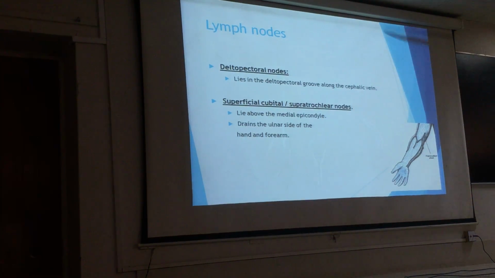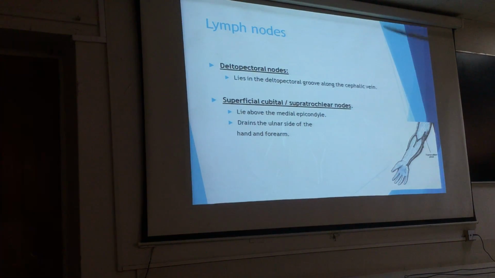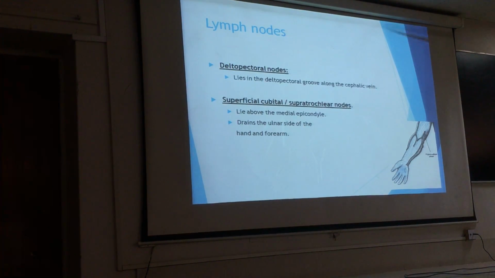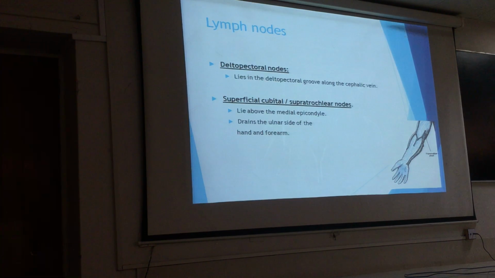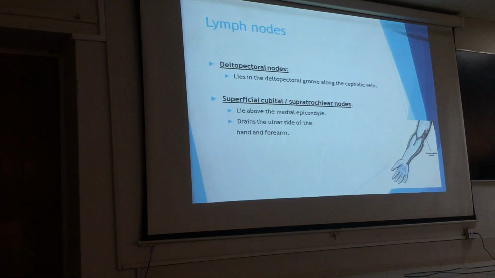Since the medial side of the lymphatics were coming and draining into it, it will be draining the medial side of the hand and the medial side of the forearm, which will be coming and draining into the supratrochlear or the cubital group of the lymph nodes.